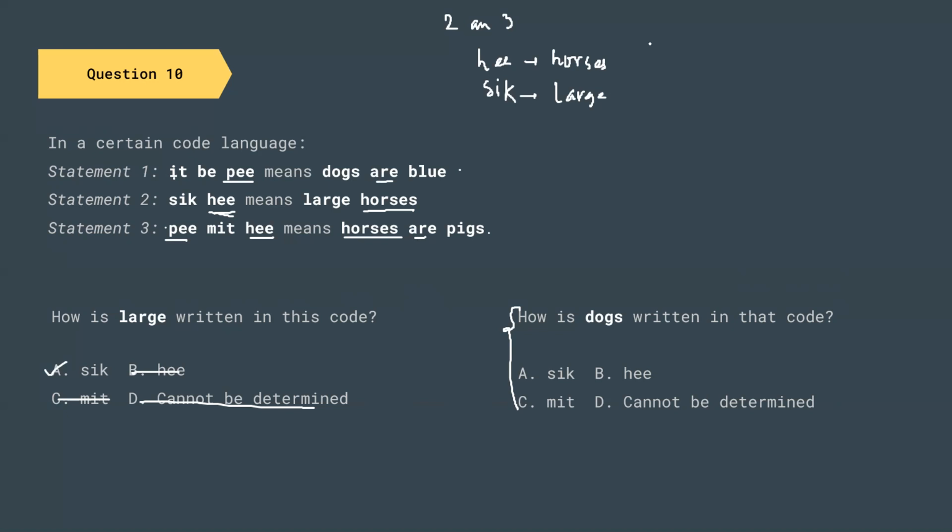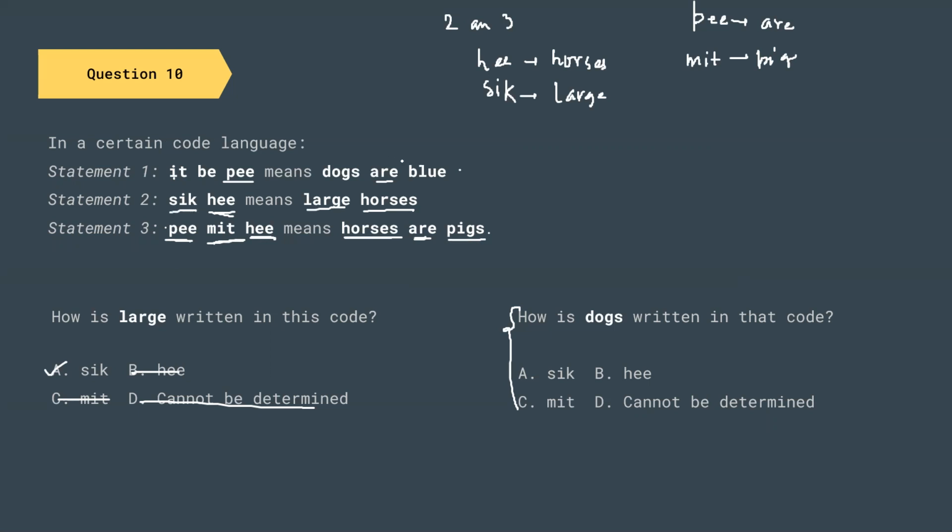So we can say that "P" is encoded to "R". Fine. So "horses" is accounted for, "are" is accounted for. So "P" is accounted for, "he" is accounted for. So I can say that "mit" means "pigs". So this is also accounted for, and "large" is also accounted for.